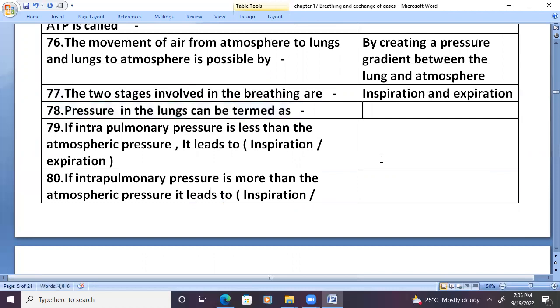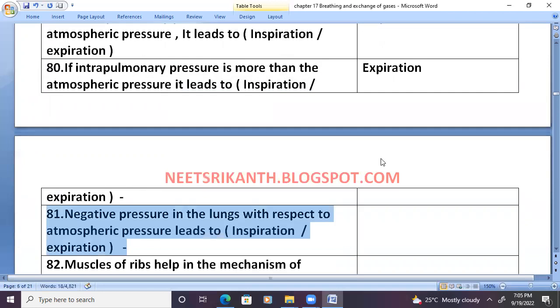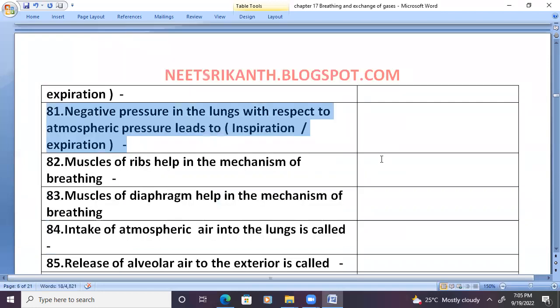Pressure in the lungs is termed intrapulmonary pressure. If intrapulmonary pressure is less than atmospheric pressure, it leads to inspiration. If intrapulmonary pressure is more than atmospheric pressure, it leads to expiration. Negative pressure in the lungs with respect to atmospheric pressure is nothing but inspiration.